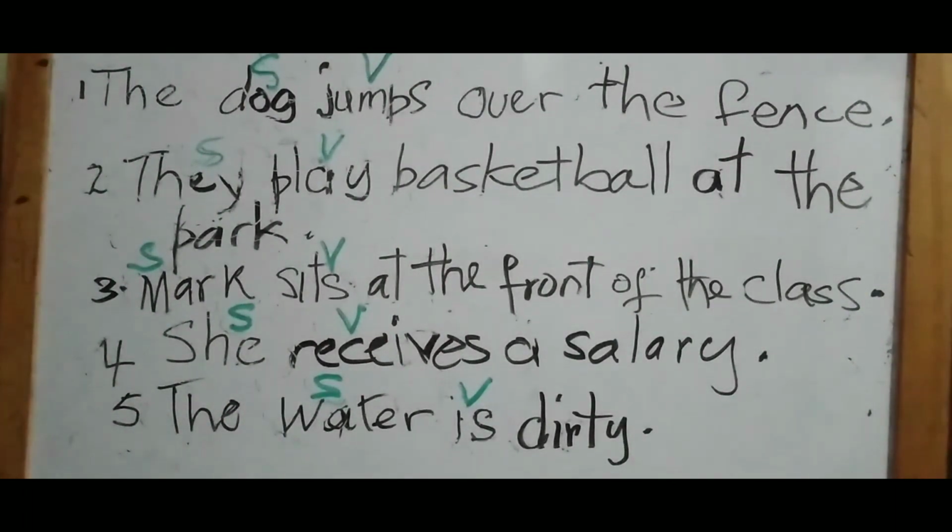But in some cases, as in the case of this sentence here, is can stand on its own, and other helping verbs as well. Alright? So that's an important thing to point out. So the water is dirty. Water is an uncountable noun. It's always followed by a singular verb. That's why we have is there. So water is the subject, is is the verb.